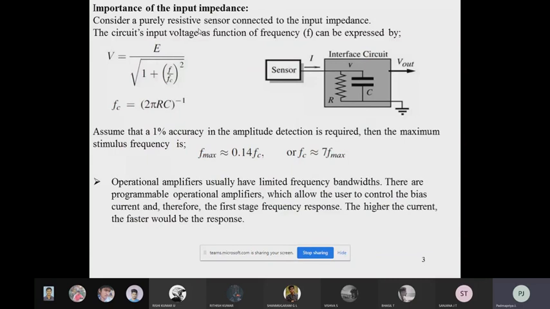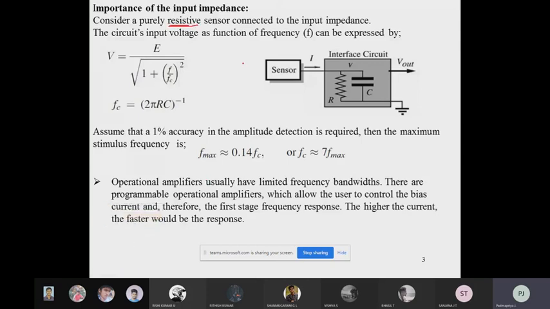Why? Let's see. If you want to measure the input impedance, we are going to consider some purely resistive sensor. What is the term resistive sensor? Any guesses? Purely resistive.